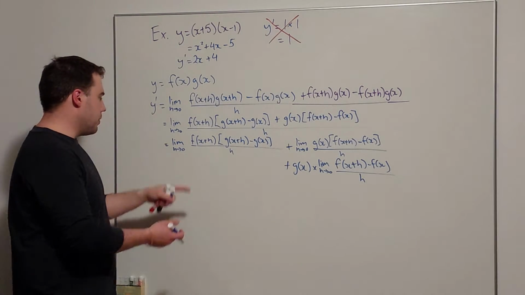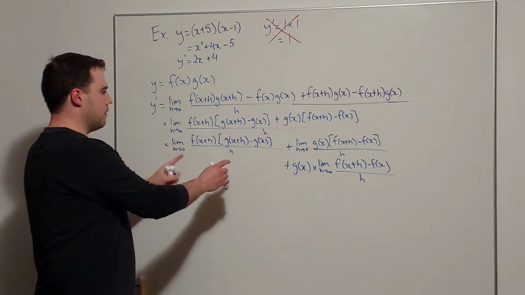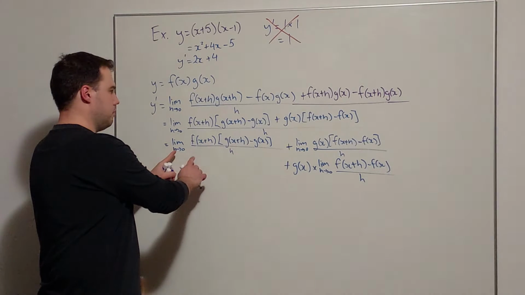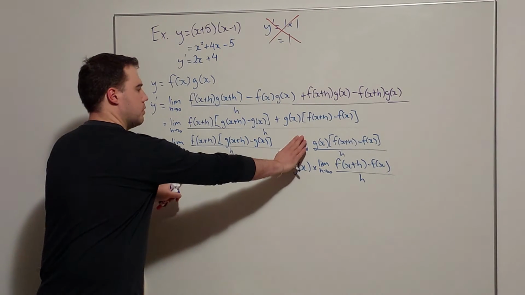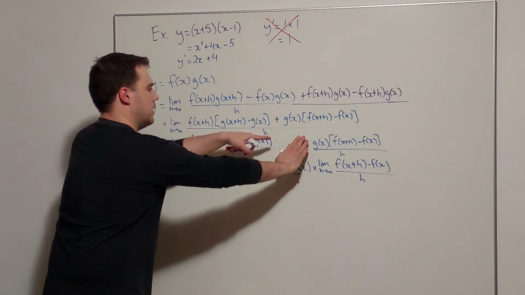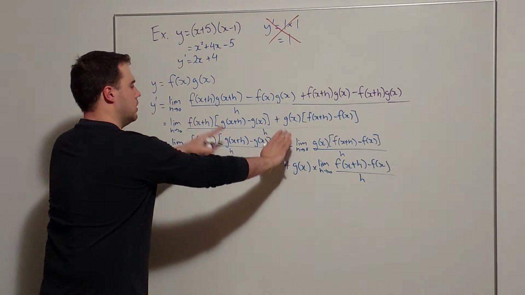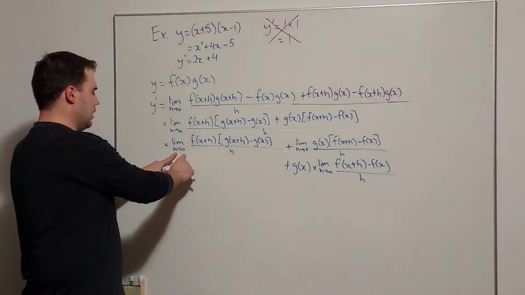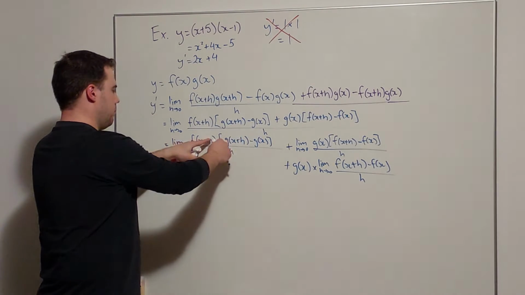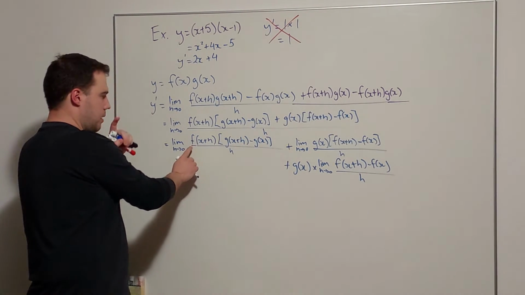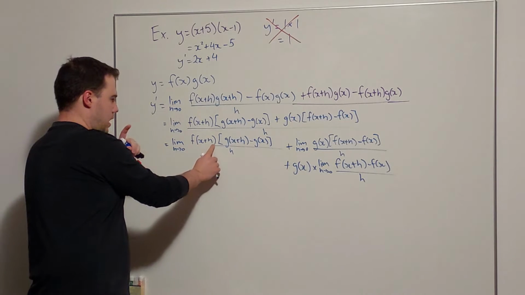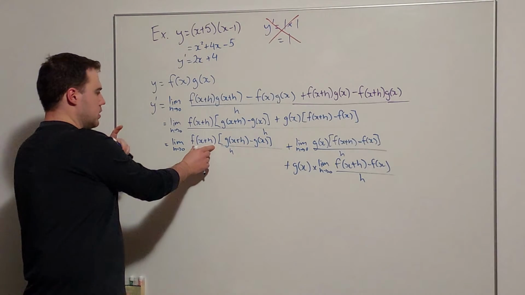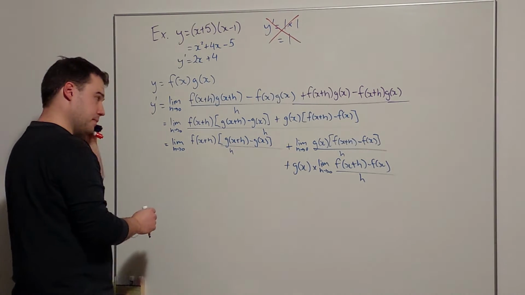But another property of limits: just like before I put that limit there, we had the limit of a sum is equal to the sum of the limits. Likewise, if we have a limit of this product, this is the same as f of x plus h times this whole fraction here.